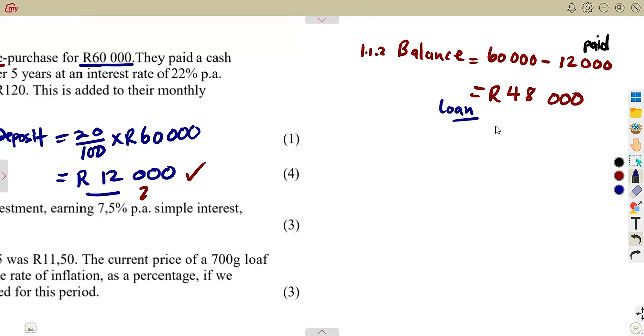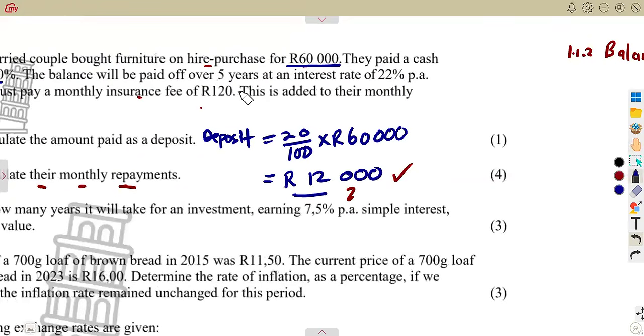Remember, whenever you talk of a loan, there is supposed to be an interest accompanying that loan. You do not just say, okay, I'm owing 48,000, so I'm just going to give you 48,000 as it is. No, it will come with an interest for the number of years that are being given. So we want to know how this interest is affected.